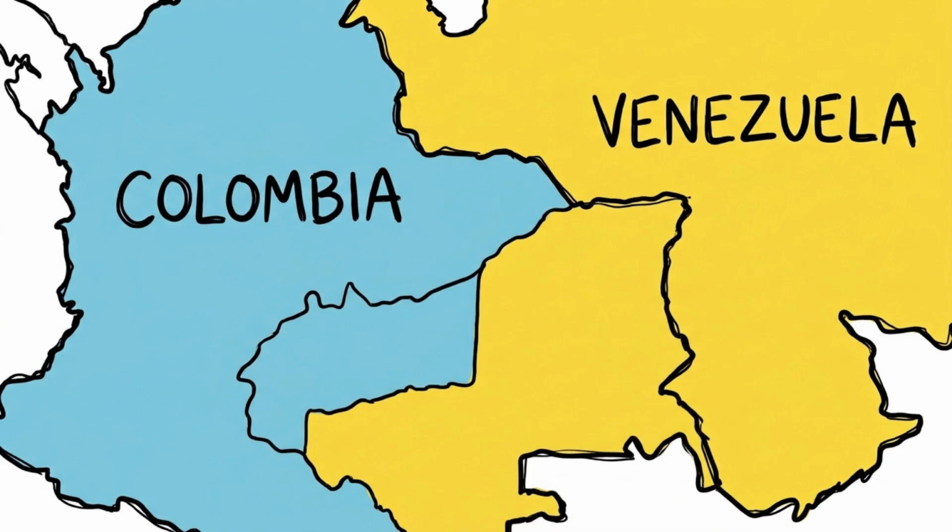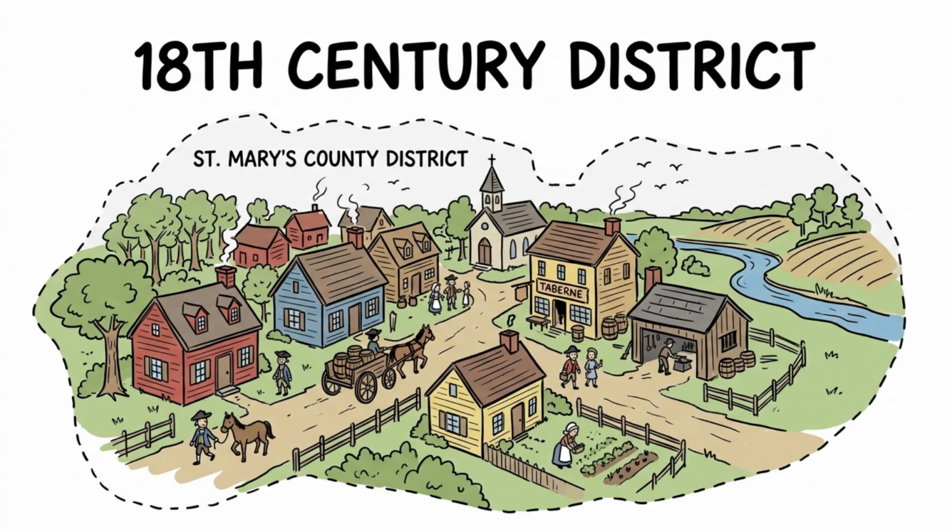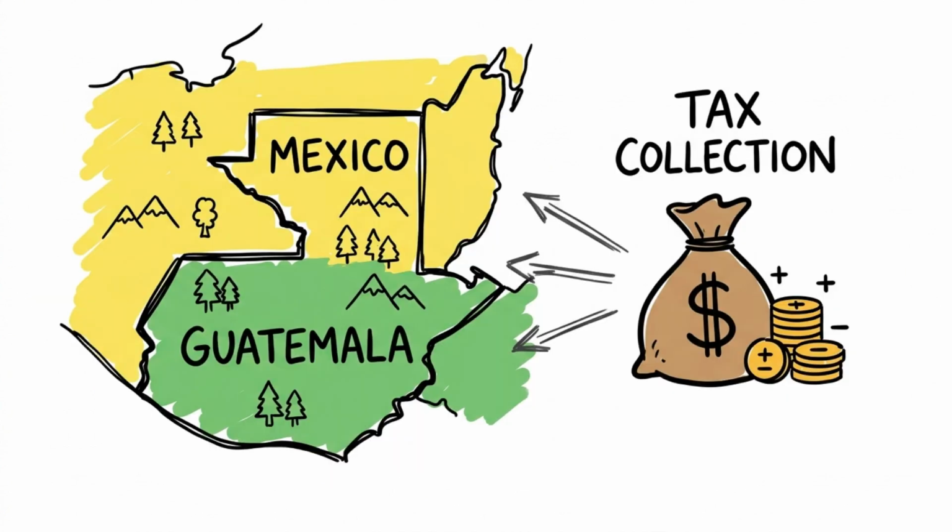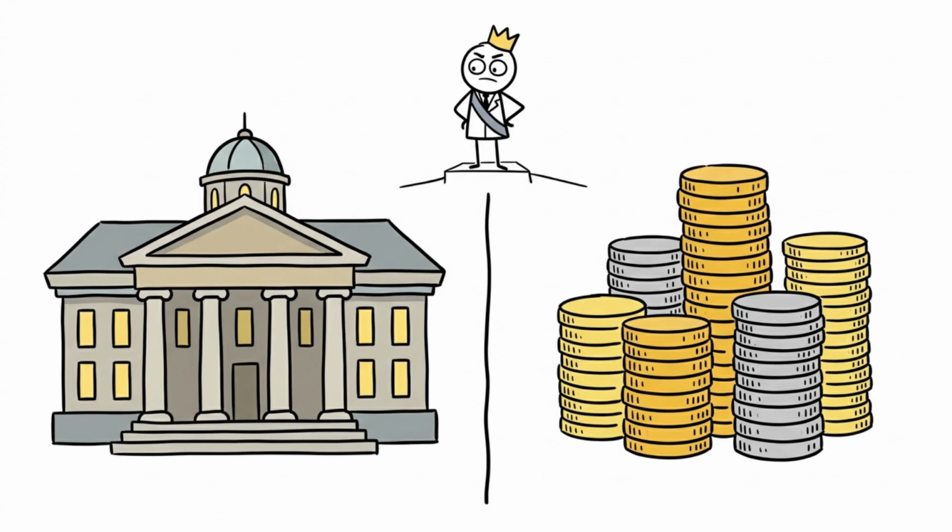It traces, almost exactly, the boundary of an 18th century Spanish administrative district. The border between Guatemala and Mexico echoes the edge of a colonial jurisdiction that had nothing to do with the people living inside it and everything to do with how efficiently Spain wanted to collect taxes and manage courts from a distance.